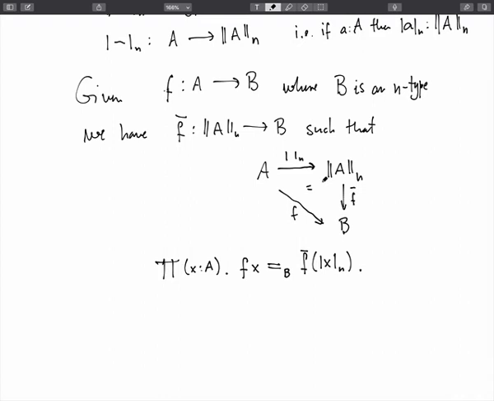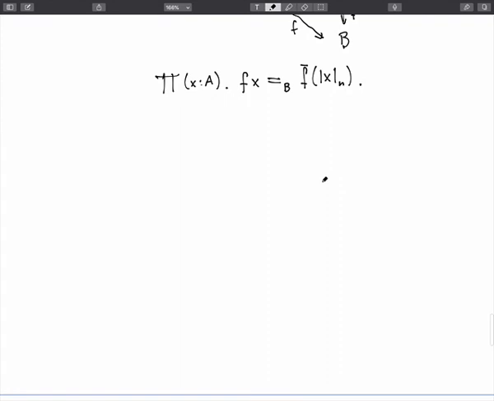But for now, let's look at the concrete examples of truncations. The most important one for a logician is propositional truncation. So let's have a look. Propositional.